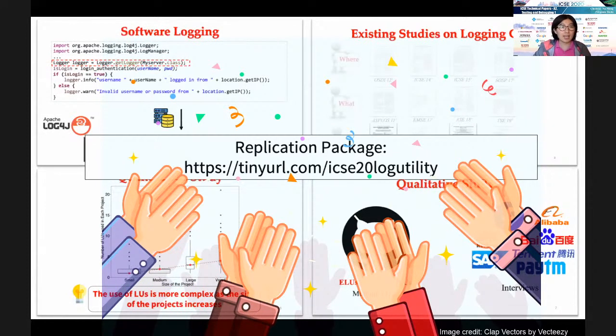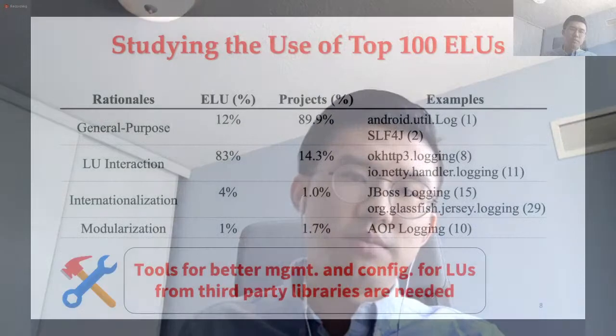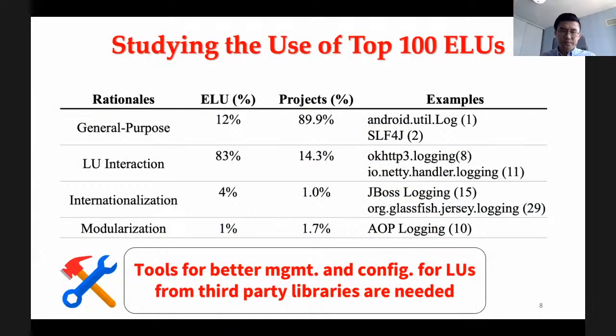I have a question from Slido. For example, when you use an external library such as OkHttp3 or Netty, you want to know what's going on inside the library.